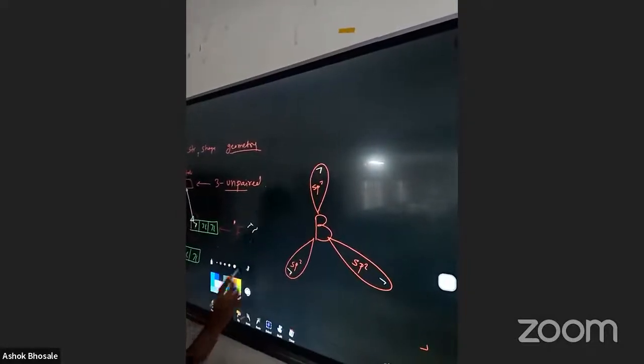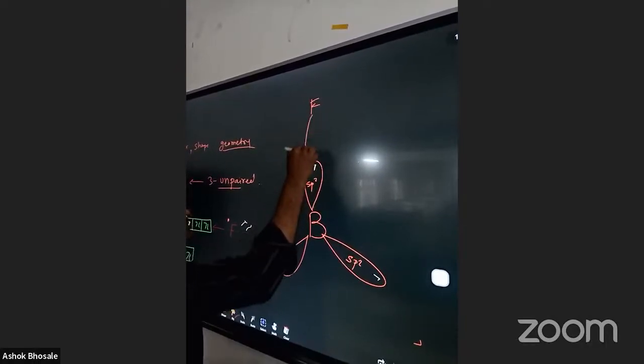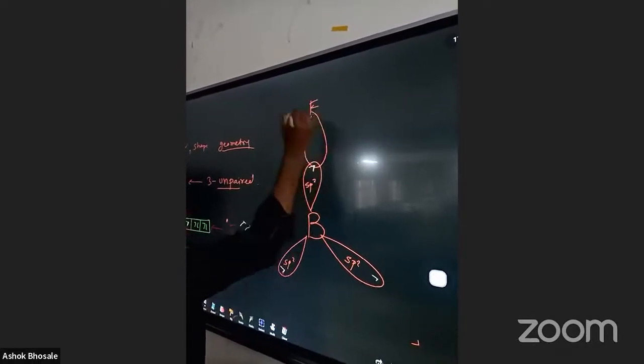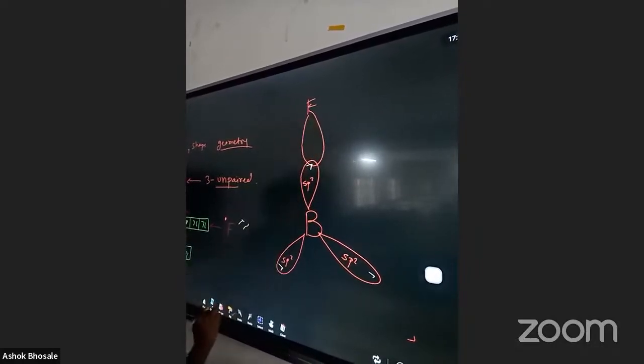Here, fluorine atoms having these orbitals.